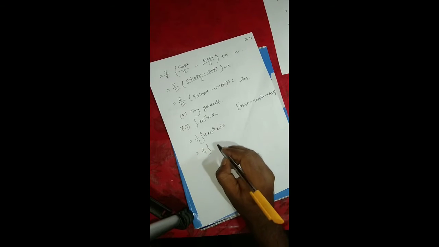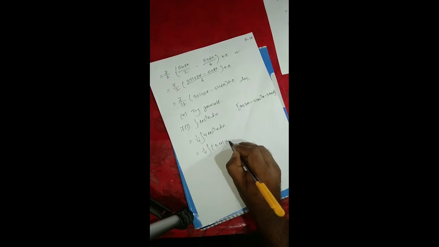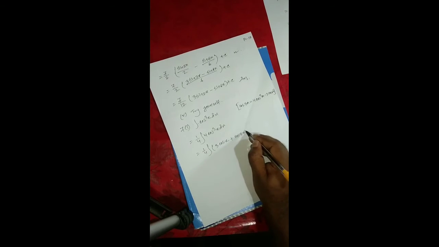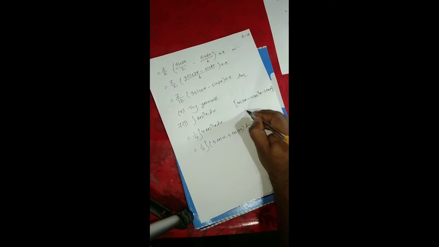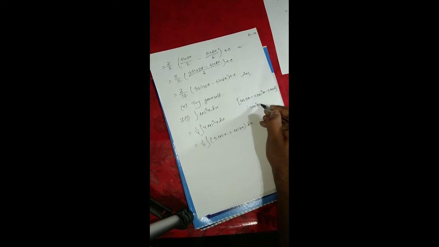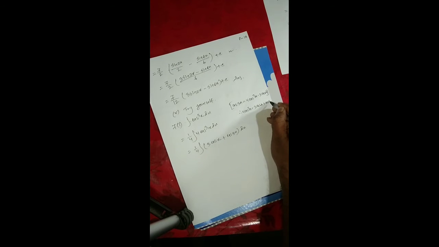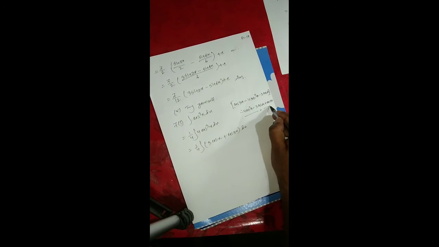Now 1 by 4 integration 3 cos x plus cos 3x dx. Therefore 4 cos cube a equals 3 cos a plus cos 3a. This is the formula.